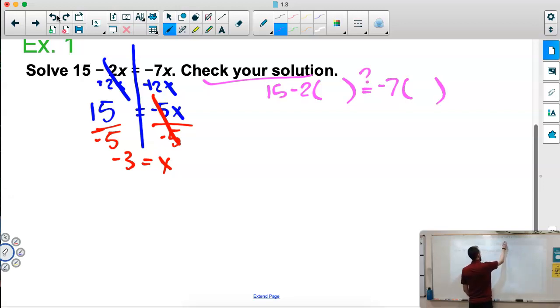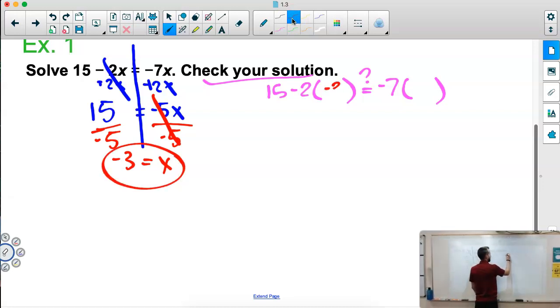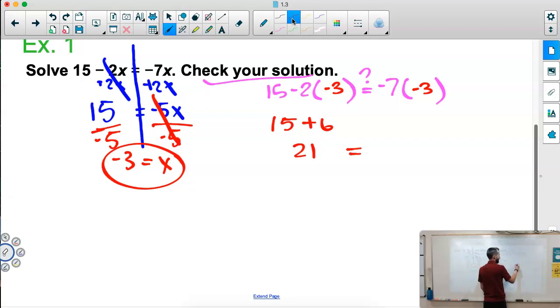Or that was our question. So I'm going to take my answer right here, negative 3, and plug it in. Is 15, negative 2 times negative 3 is positive 6. 15 plus 6, that's 21. Is that equal to negative 3 times negative 7, which is a negative times a negative is positive, positive 21? And the answer is yes.